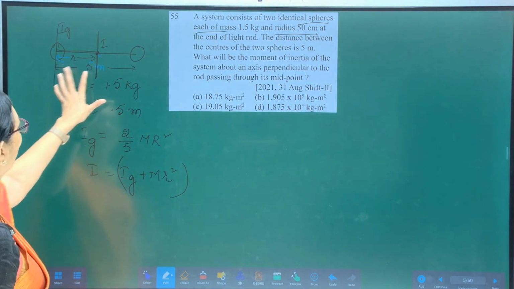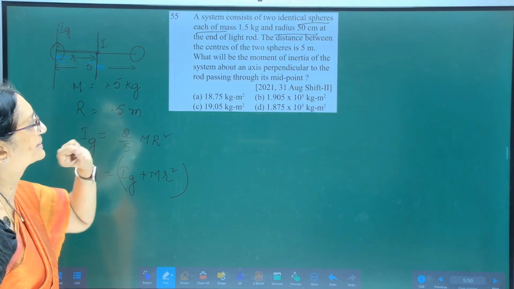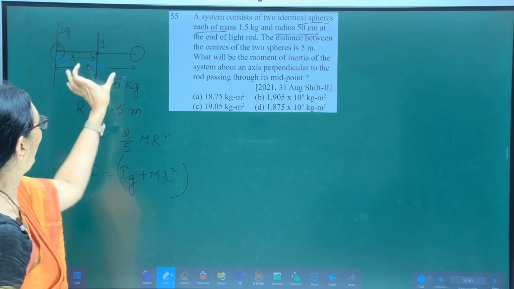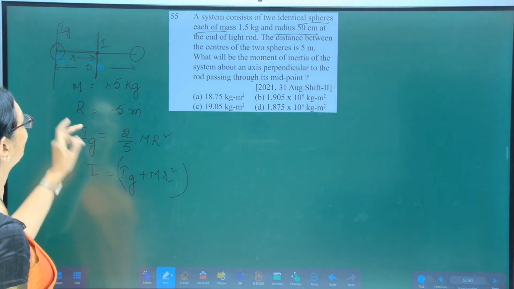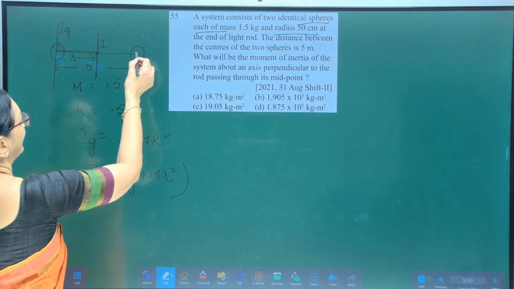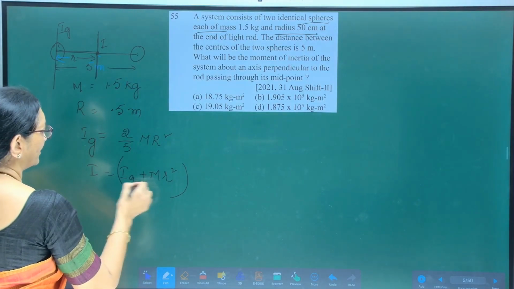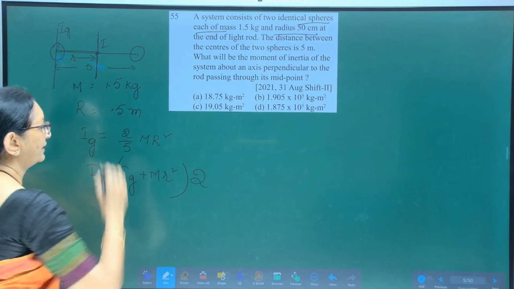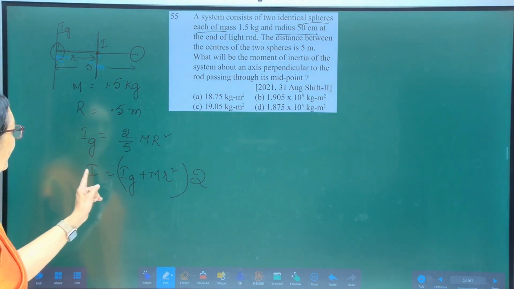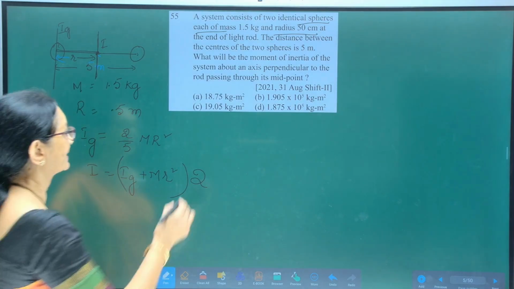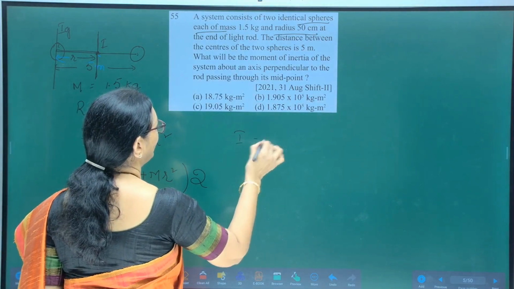Here in this case, as the two spheres are identical and the axis is located at the center, the moment of inertia of this pair about this axis also becomes the same. So the total moment of inertia is 2 into Ig plus mr square. Substitute the values.